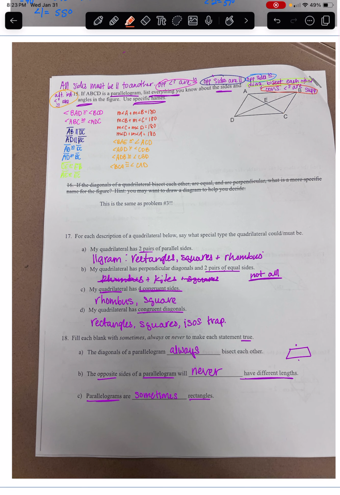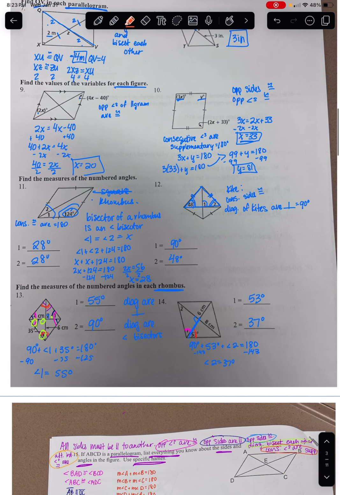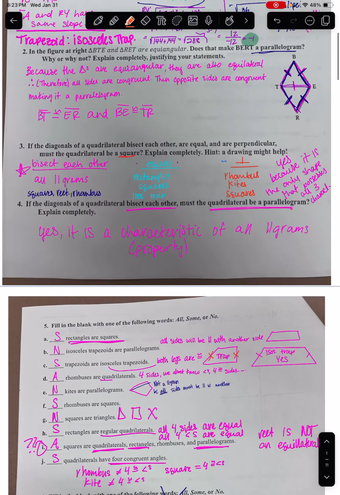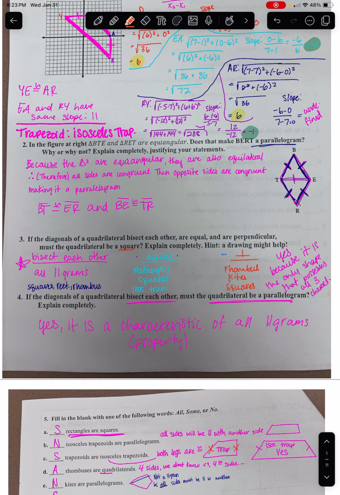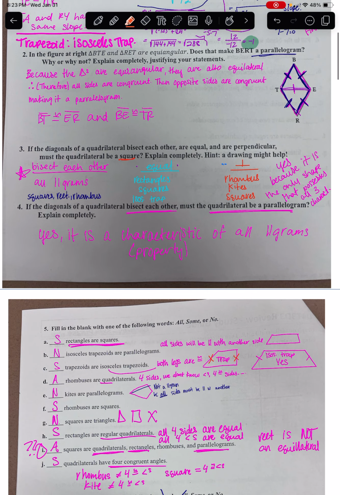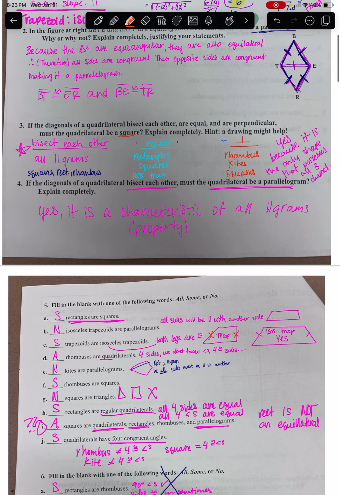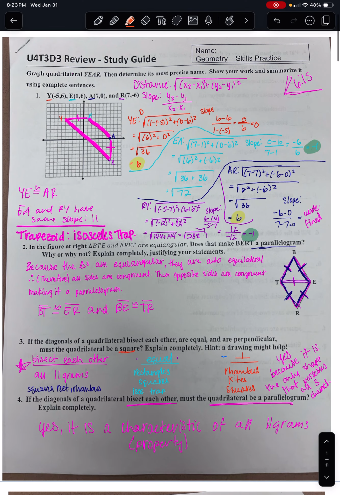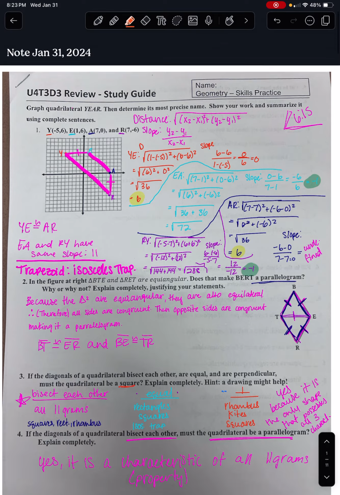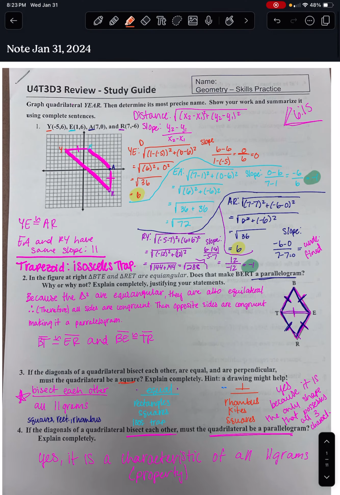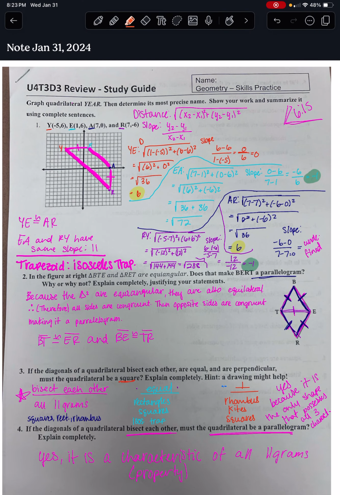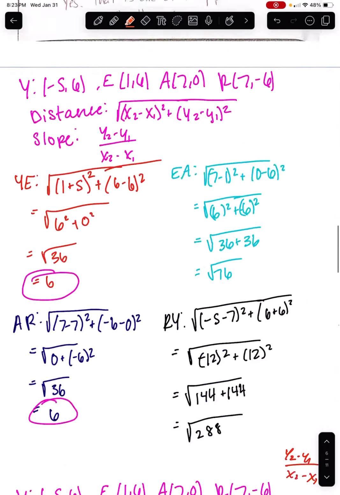And for 17, it's if I tell you to draw this shape, or if I tell you about this shape, what kind of shape is it? It's similar to one we did before. Number 4, I think. It said give the most precise name. Oh, it was like number 1, but less. Number 1 was extra.